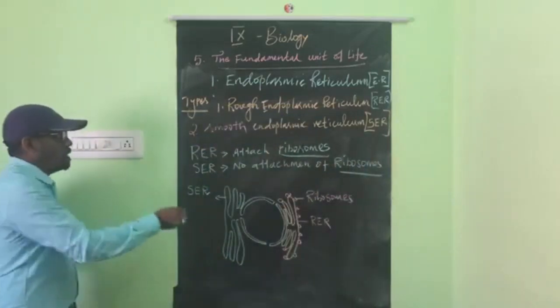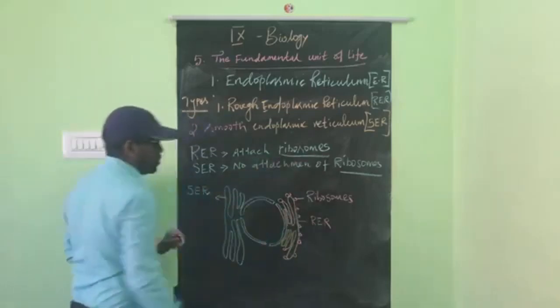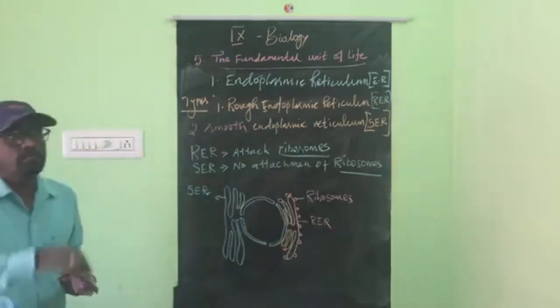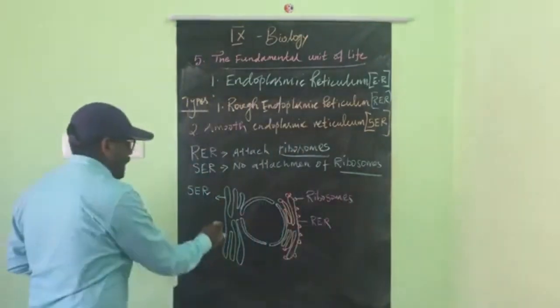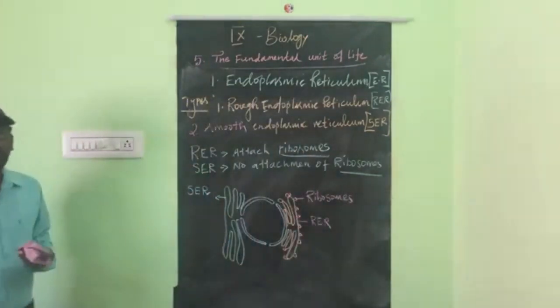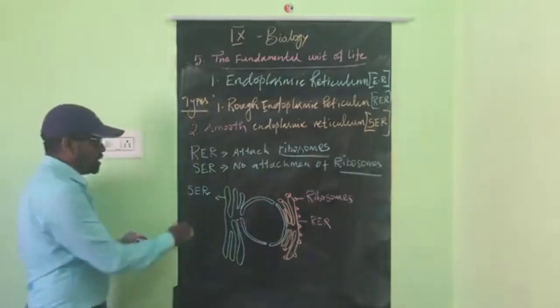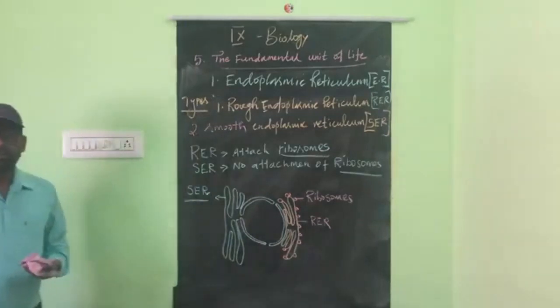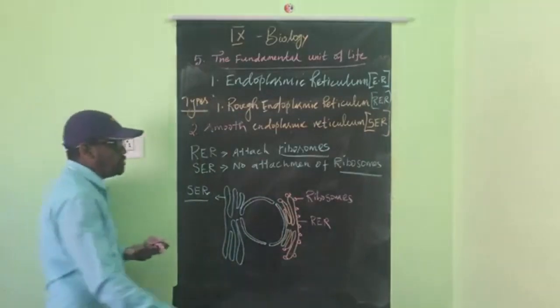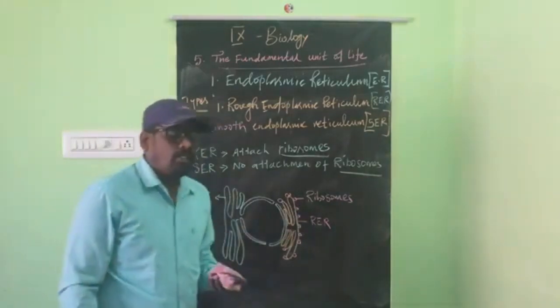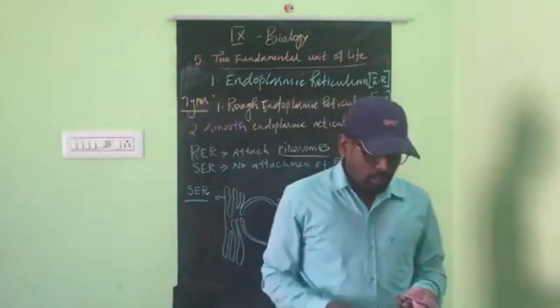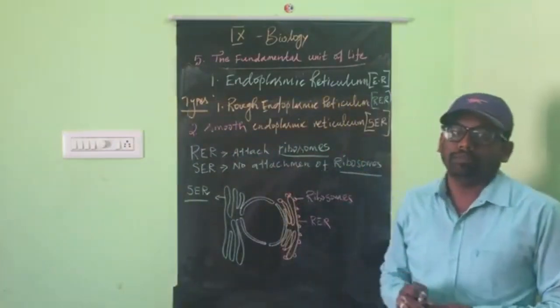So the rough endoplasmic reticulum is attached with ribosomes, so it becomes a rough structure. And the smooth endoplasmic reticulum does not attach with any ribosome, so that it becomes smooth. Based on the attachment of ribosomes, it is classified into two types: rough endoplasmic reticulum and smooth endoplasmic reticulum.